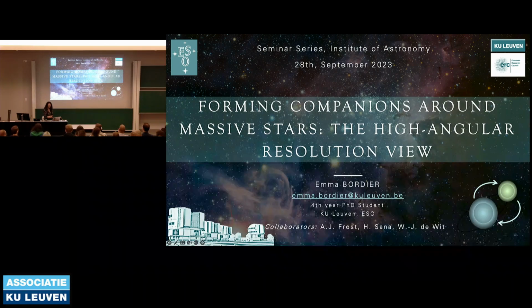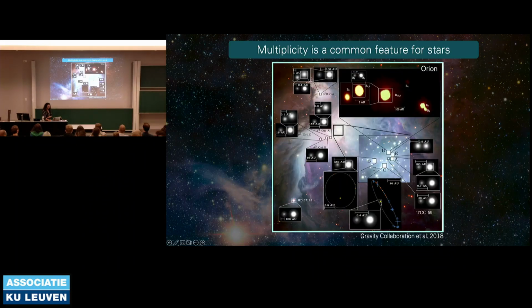So I'll talk about the formation of companions around massive stars, and I will put the focus on the high angular resolution techniques. I am an observer, so I think it's nice to start this talk with a beautiful image of the different multiple systems that were found in the Orion star-forming region.